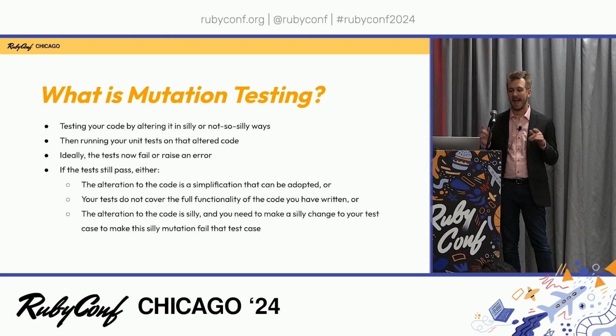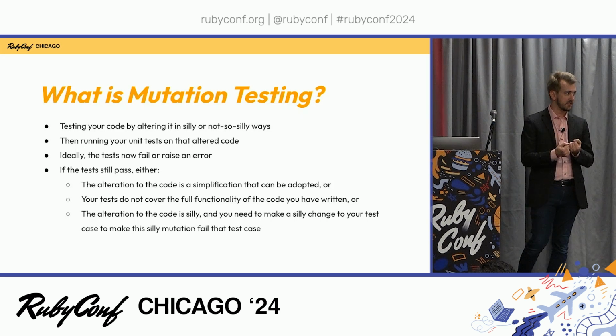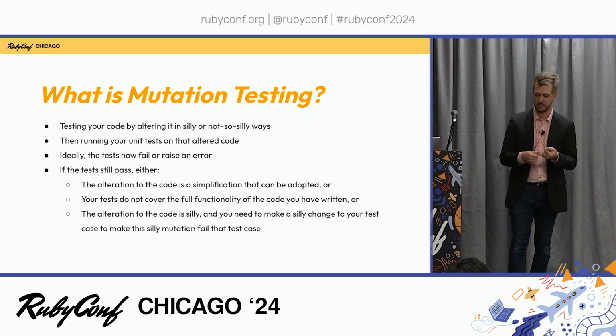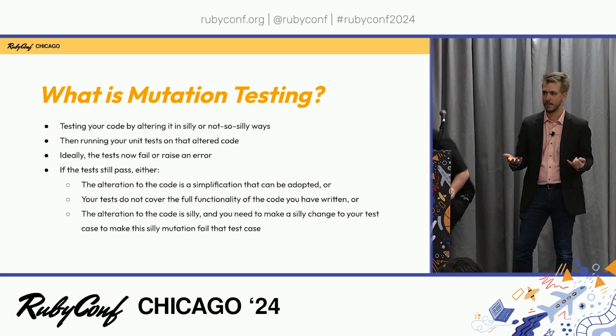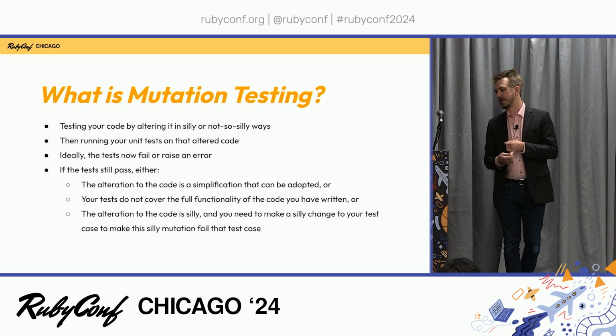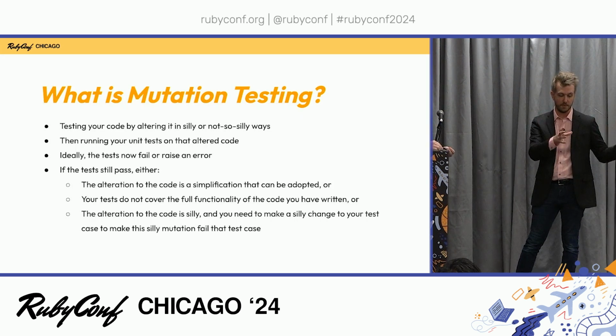If your tests still pass, then you have one of three outcomes. Outcome one is that the alteration to the code is a simplification that you can adopt. So it just makes the code simpler. Your code was doing too much and you don't want to test any more than that. Option two is that your tests do not cover the full functionality of the code that you've written.